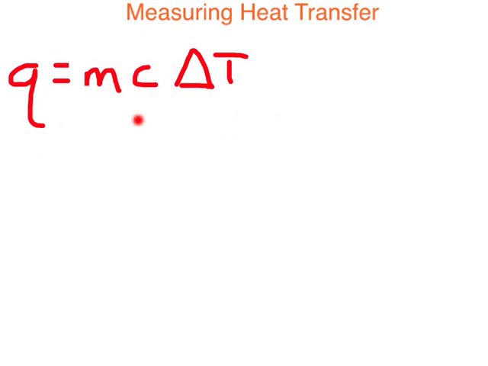It's used to calculate heat transfers in physical processes. Okay, so if I take a piece of ice and I heat it up, I would use this particular equation to figure out how much I heated it up. Or if I have a piece of metal in a rocket ship, I need to know how much the piece of metal is going to heat up if I change the temperature by so much.